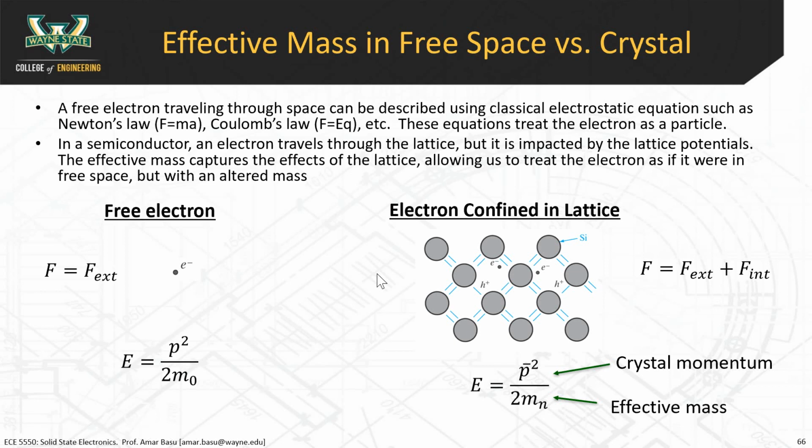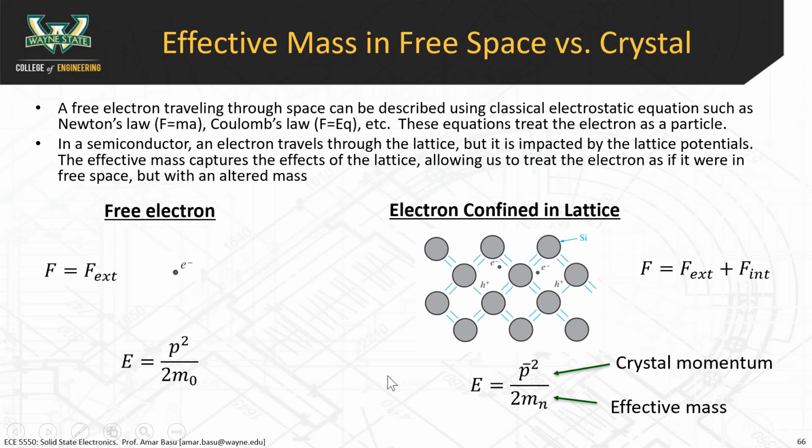So it turns out that it's a great simplification that engineers can do, that the electron actually behaves in a similar manner as the free electron, meaning you can think about it in terms of this particle-like behavior, F equals ma and so forth, and it has a certain energy, p squared over 2m0.